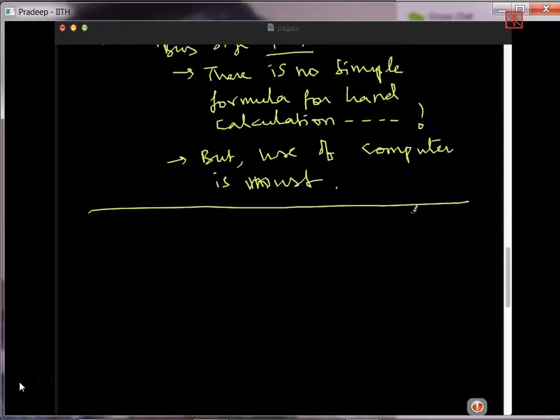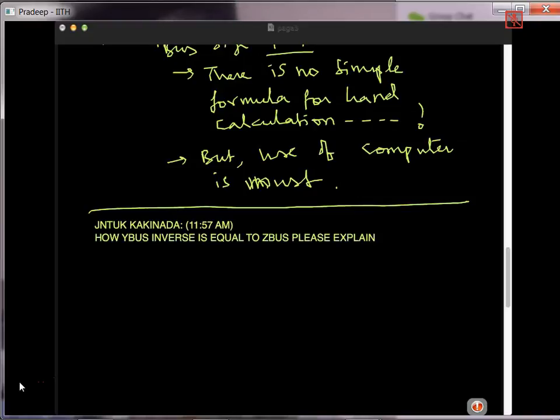One more doubt I got. Let me paste the doubt here. This is from JNTU Kakinada. The question is, how is Y bus inverse equal to Z bus? Please explain.